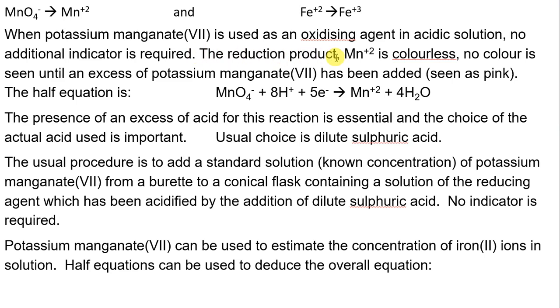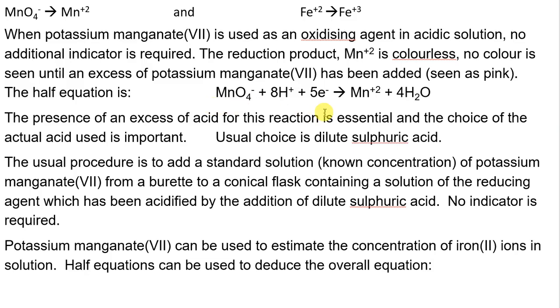The reduction product, Mn plus 2, is colorless. No color is seen until an excess of potassium manganate 7 has been added, and we would see that as a faint pink tinge.